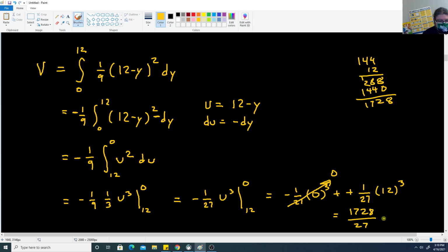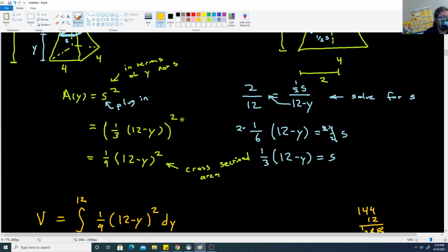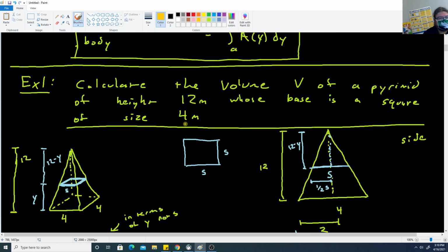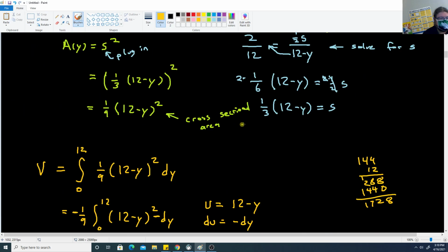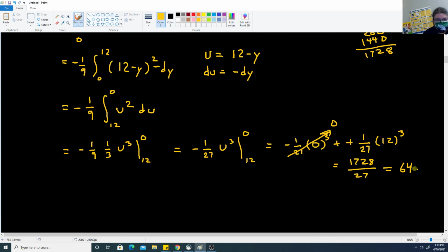So my volume in this situation is 64. Did they give us measurements on this? Yeah, everything's meters. So the volume of our solid body would be 64 cubic meters based on that.